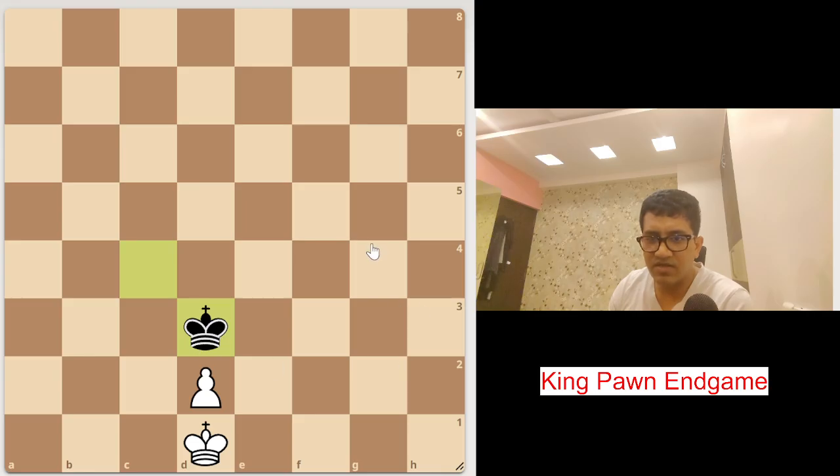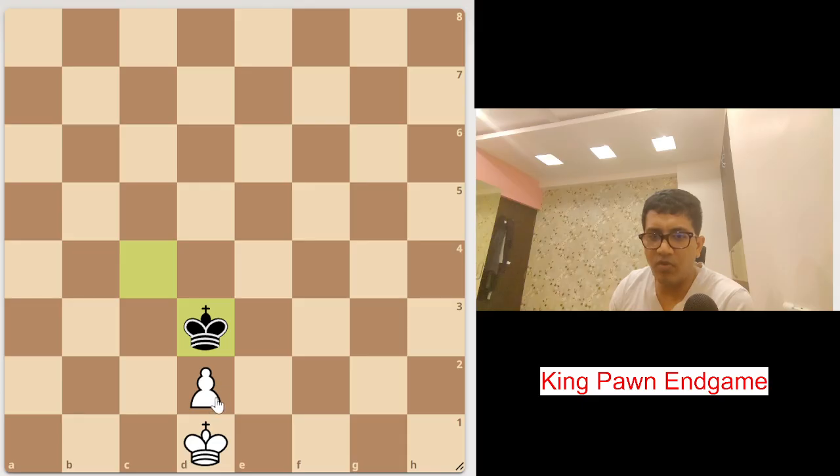Similarly, if the king is here and you move your king from here to here, then in that case also the opposition exists. So you can also maintain the opposition in the corner. You just have to manage it so that there is only one square or any odd number of squares left between the kings. Now let's know other key ideas.